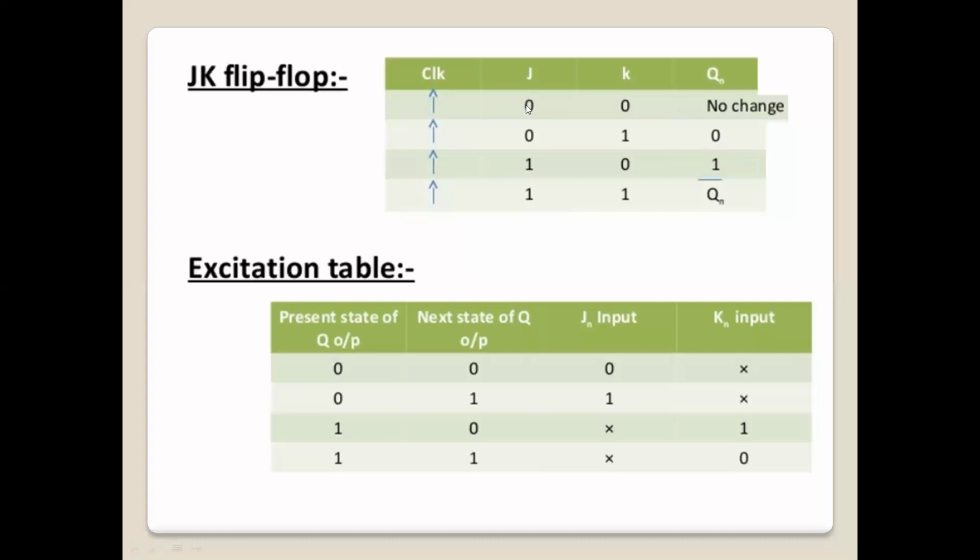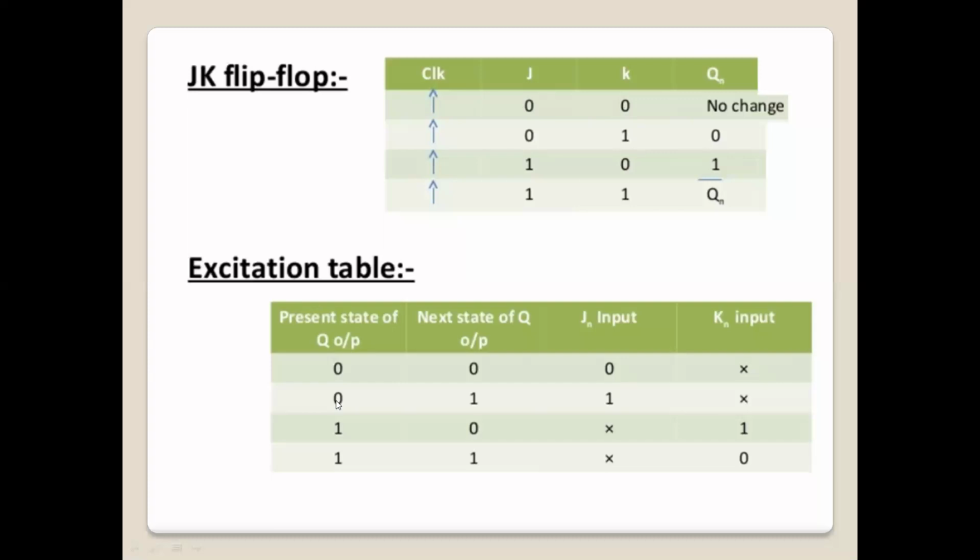So we can see J is common, that is 0. K is different. In the first condition K equal to 0, and in the second condition K equal to 1. So we can take x, don't care, for K, and 0 for J.